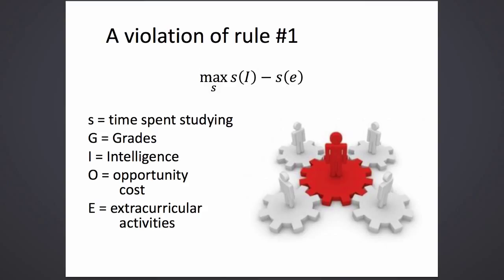So what happens if we build a model that violates that rule? Well, this says the student is maximizing the time they spend studying, which is a function of intelligence. When you first read it, it seems okay. But the problem is that as soon as I give you a person's IQ, that immediately determines the time they spend studying.